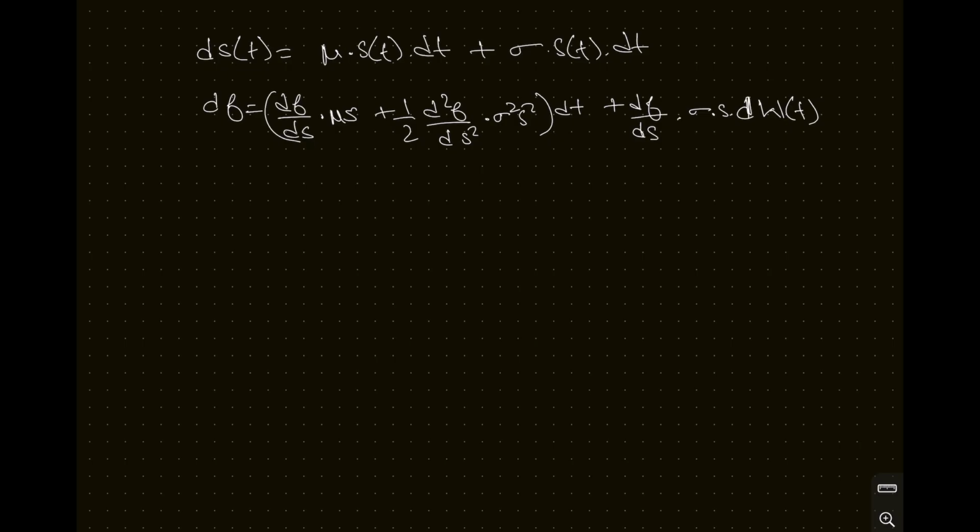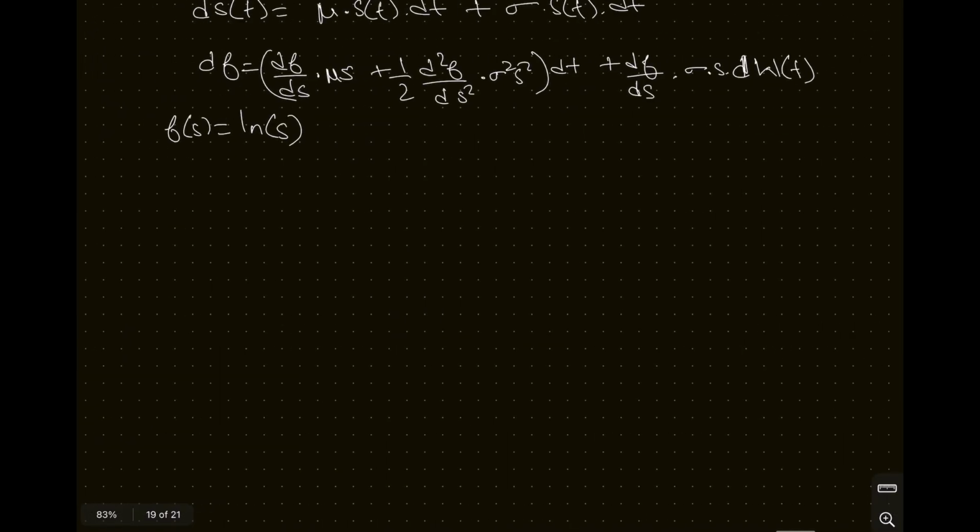Okay, so this is what we have. Now we are assuming that f of S is ln of S, to make it go from multiplicative to additive, just to make the problem solving a little bit easier.